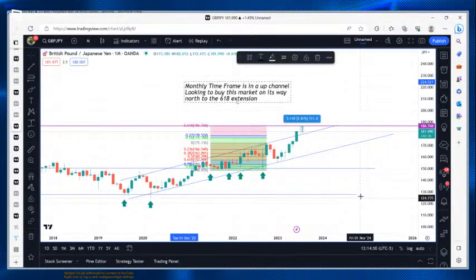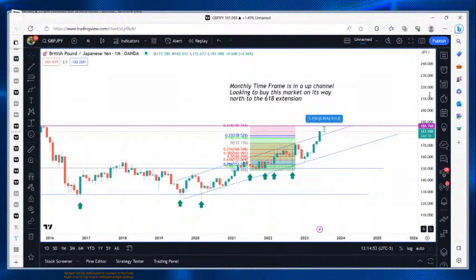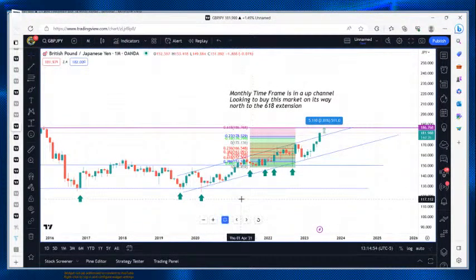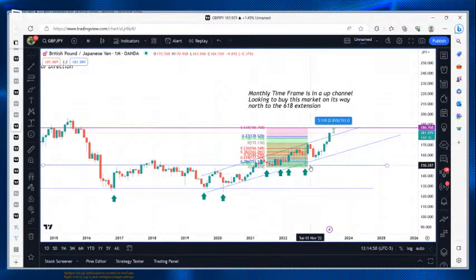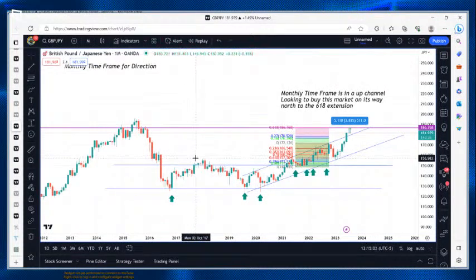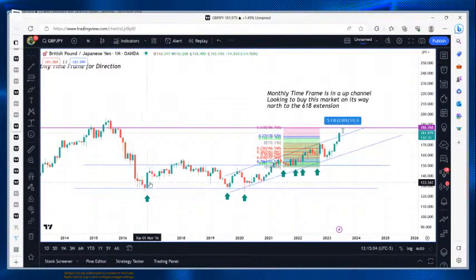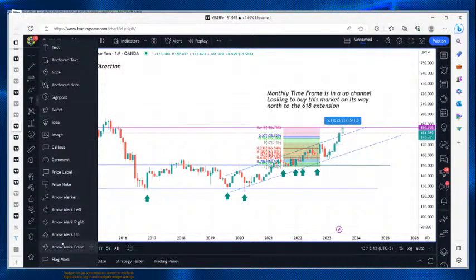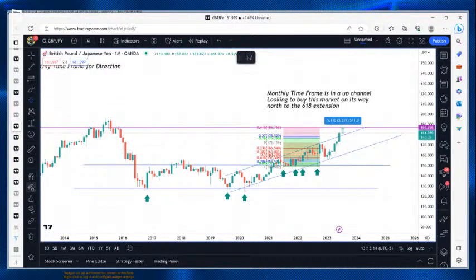All right. So we came to the monthly time frame, used our monthly time frame for direction. We came in, we asked ourselves, why did we make lows here? We drew our trend lines back, and we see in the past we had consolidation, sideways resistance, horizontal support. We had U-turns, support at the bottom, and resistance at the top.